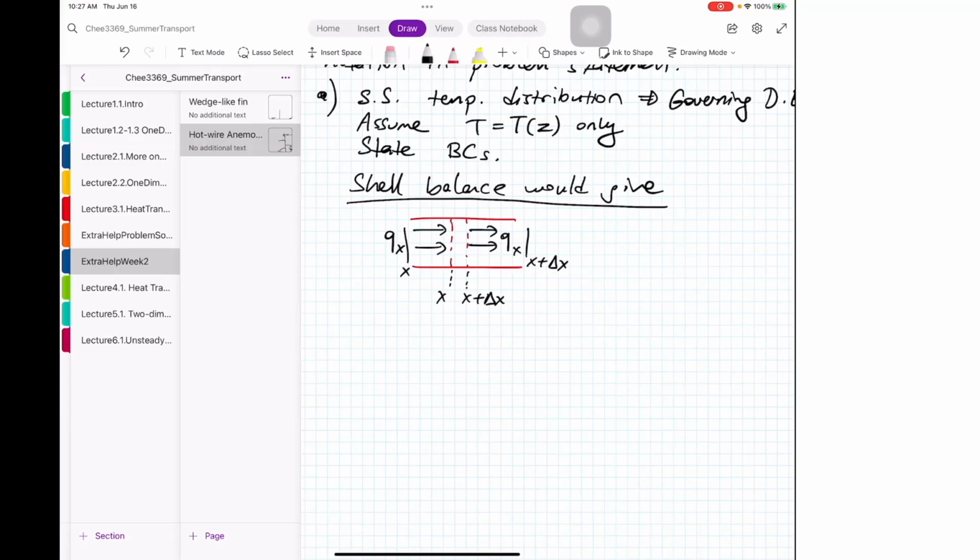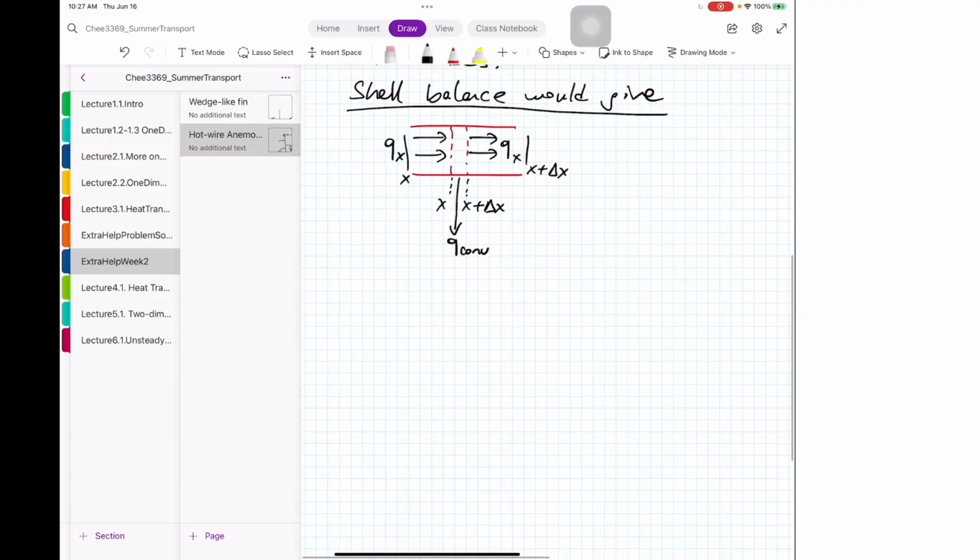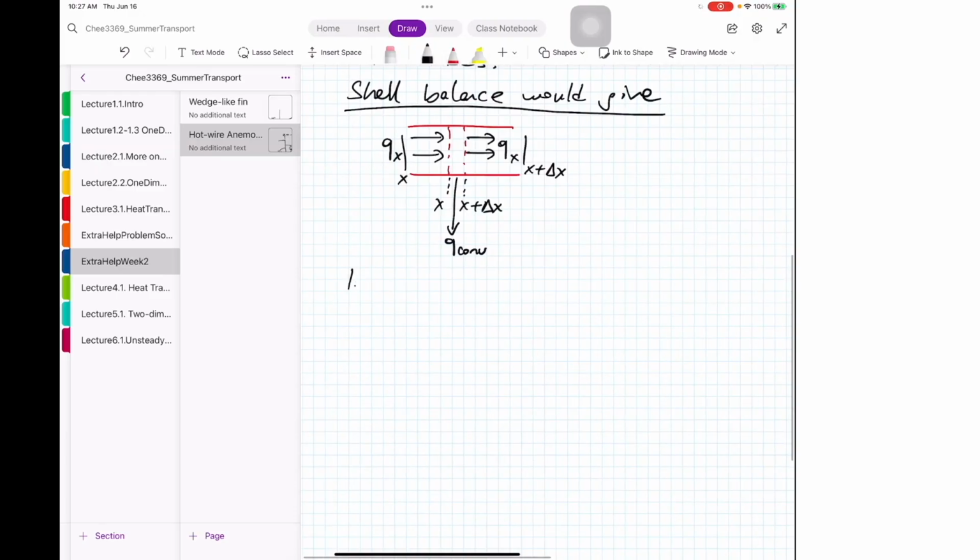And you're also losing some heat, Q convection. So there's a generation inside. We're going to write down, in minus out plus generation is equal to accumulation. It's a steady state problem, accumulation is 0. There is generation, there is in, there is out. In is just Qx at x times the cross-sectional area.